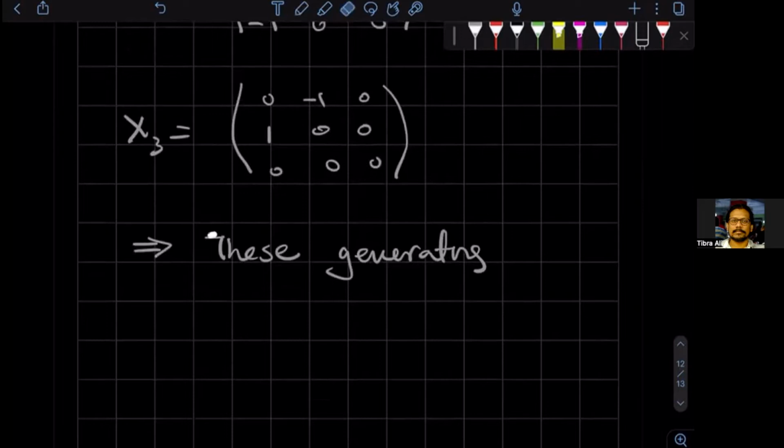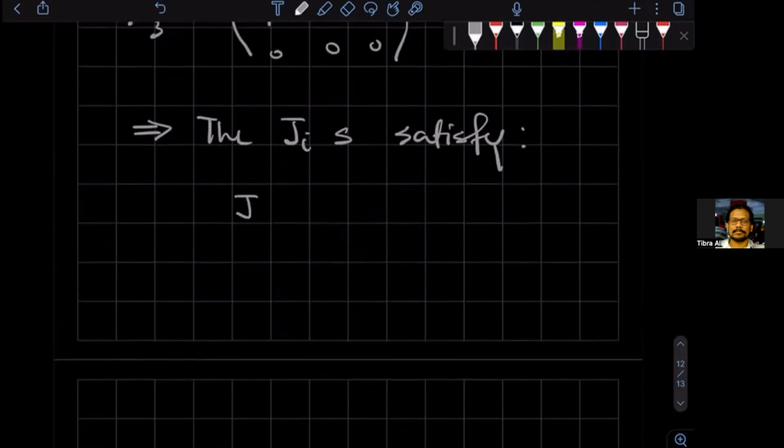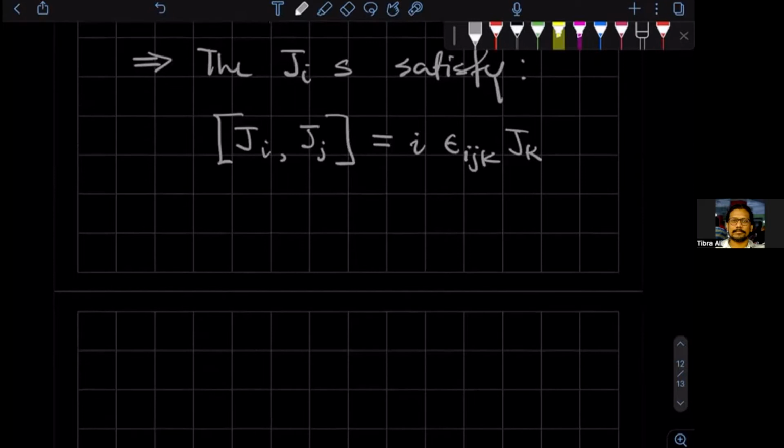This implies that the Ji satisfy, and that's something you should do for yourself, if you take two of the J's and compute their commutator, you will get i times epsilon ijk, Jk. Where i, j and k are indices which go from 1 to 3.